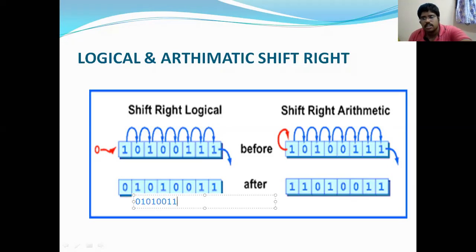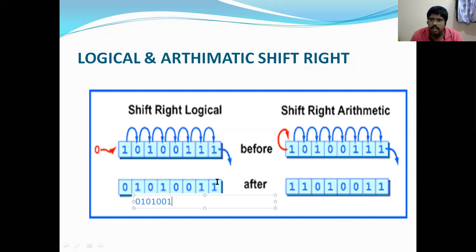That means this 0 will come to this position, this one will come to this position, and so on, so that's what I have written. The last one will come out from this particular register.